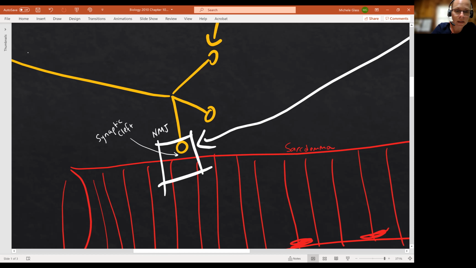And what we'll see is that as we get to this area of synapse, the sarcolemma will actually have a lot of grooves to it, a lot of folding. And that area of folding, we're going to call the motor end plate.